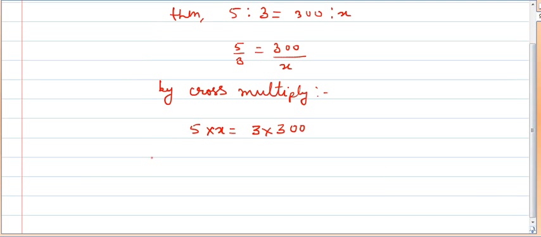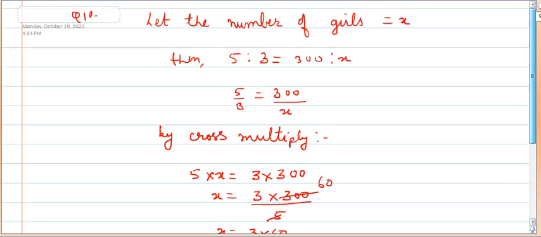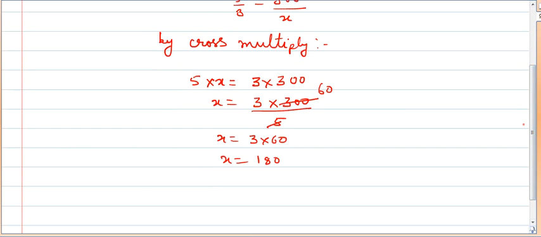Then simplify this, it is x equals 3 into 300 upon 5. Now you can see that 300 is divisible by 5, so it is 60, and x equals 3 into 60, x equals 180. Now what is x? X was the number of girls, so the answer is 180.